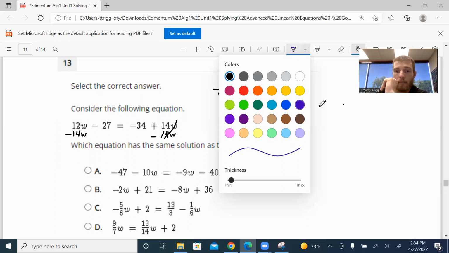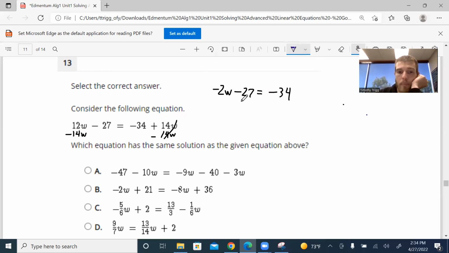What do we do next? Well, I would use the addition property of equality to cancel out this negative 27. Remember, we're trying to get W by itself. So we want to cancel that. So getting closer to get W by itself. Negative 34 plus 27 is negative 7.